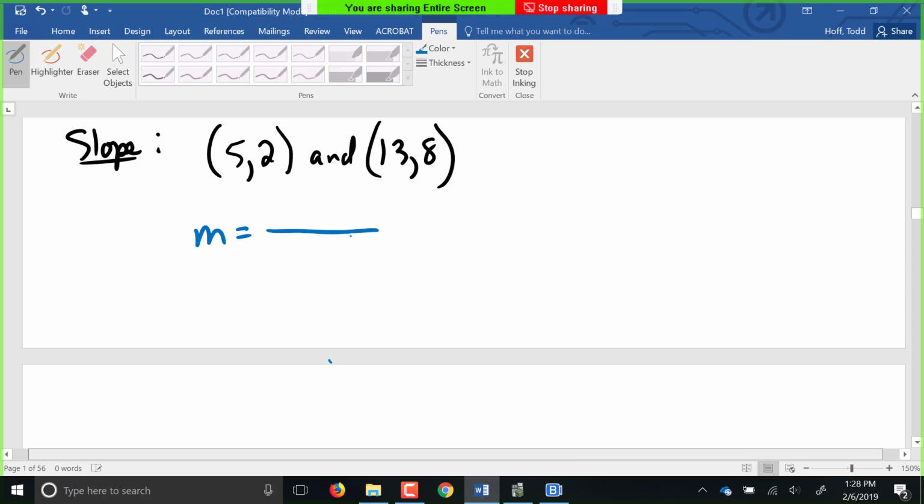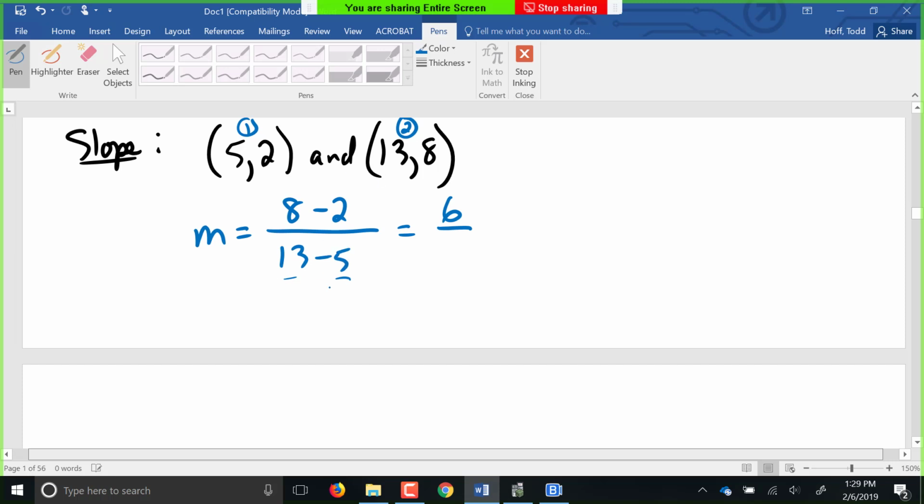So what's going to go on the top, how do we find our rise? 8 minus 2, good. Y2 minus Y1, that's going to give us 6. How do we find our run? 13 minus 5, good.